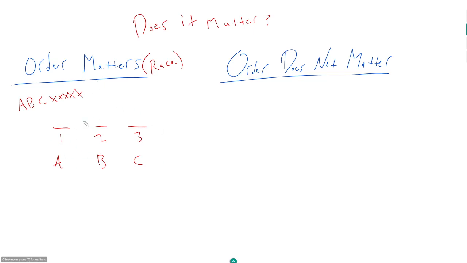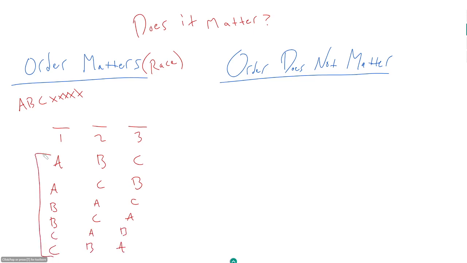Well, I can also have A, then C, then B. And because in a race order matters, ACB, meaning A first, C second, B third, is a totally different combination than ABC. And both of those are totally different than BAC, which is totally different than BCA. And so I want to count all of these. I would also want to include CAB and CBA.